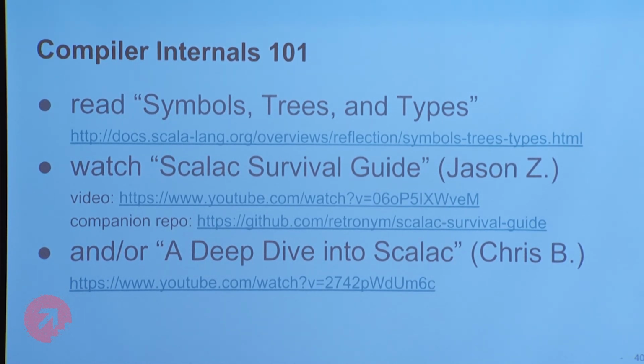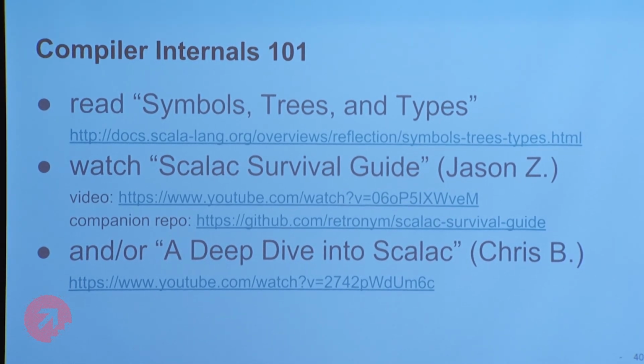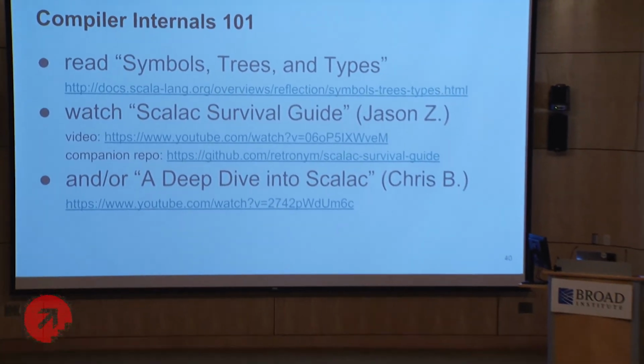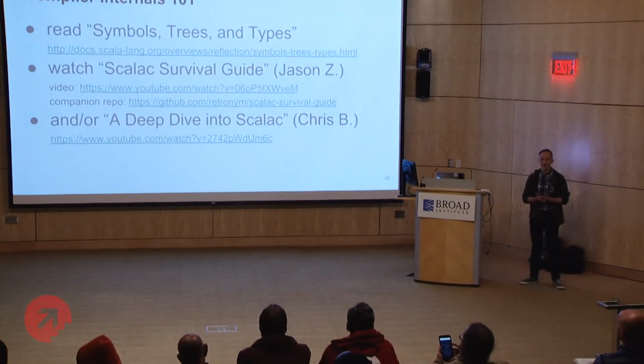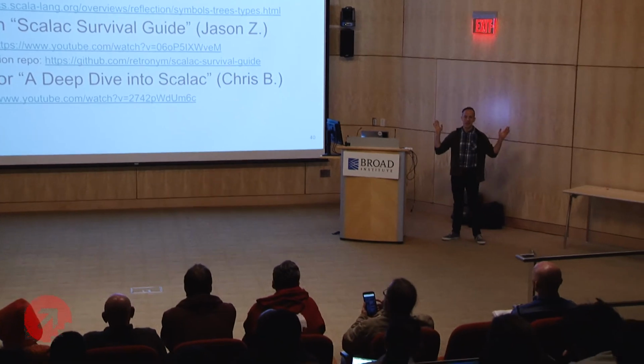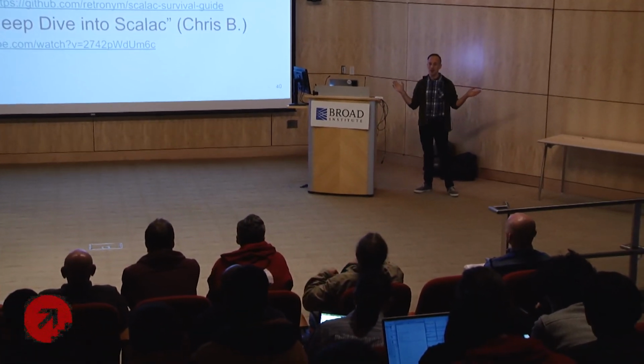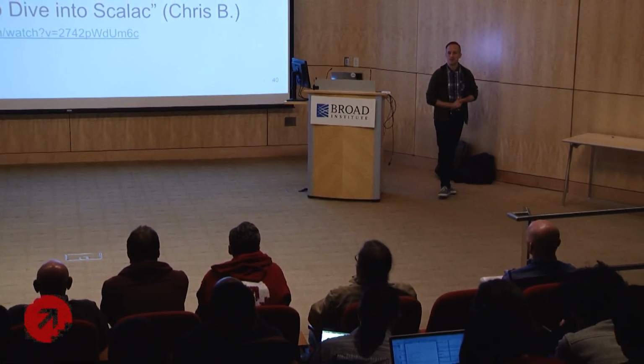I haven't seen Chris's talk in a while, but I know that Jason's talk is not just a lecture, but actually everything is in the REPL. It shows how you can interactively explore and experiment with compiler internals. It's fun stuff, even apart from the educational, help me write my plugin aspect. It's also just cool. Okay, thanks.